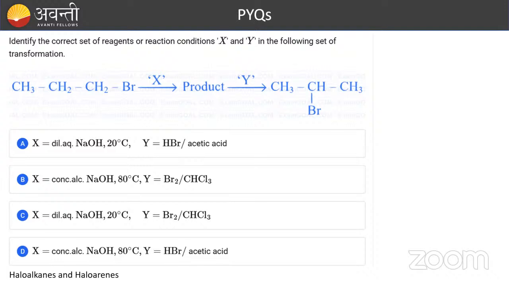We have an alkyl halide on the reactant side, and on treatment with X, a product is produced. That product is treated with Y to give 2-bromopropane. Which one can be X and which one can be Y? Can you try?